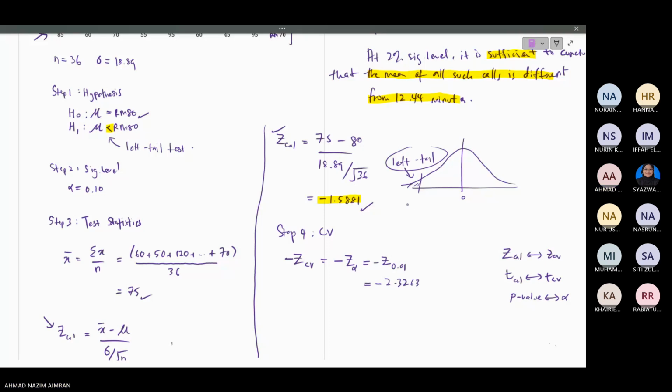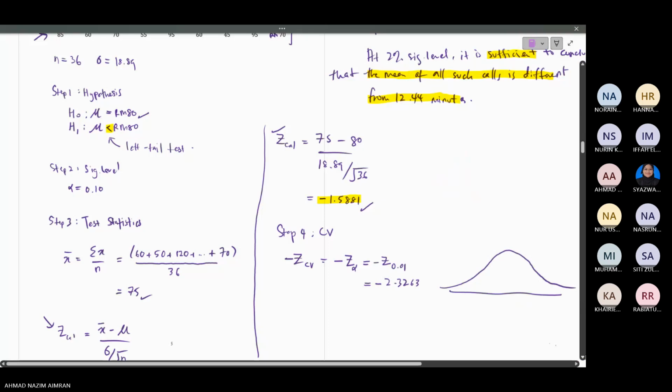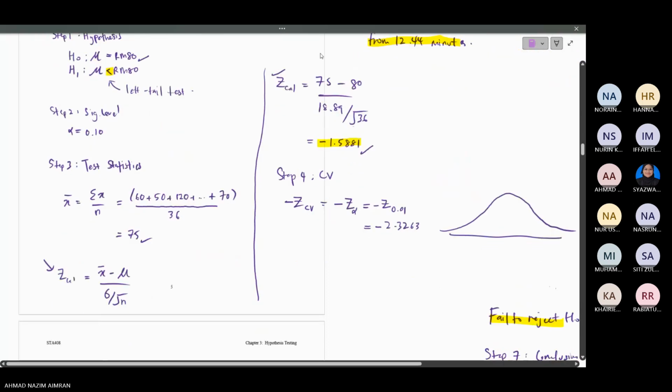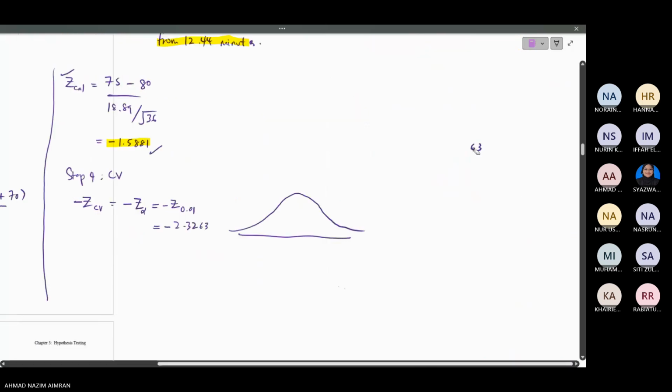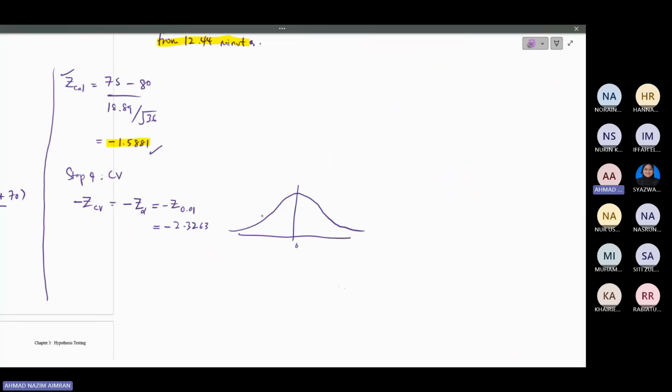Let me draw it once again. This is the Z distribution, and your negative Z critical value is here, equal to negative 2.3263.